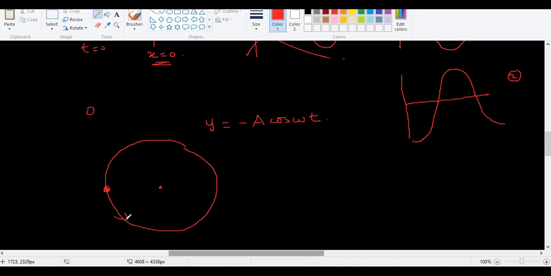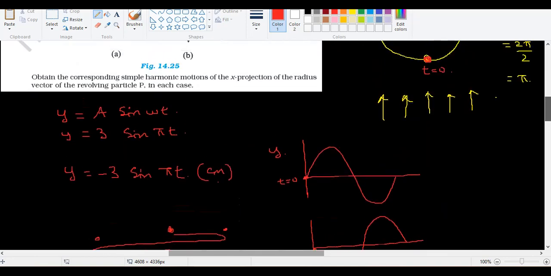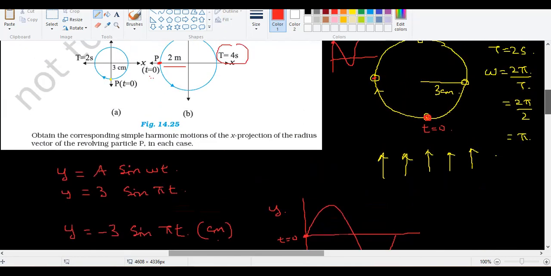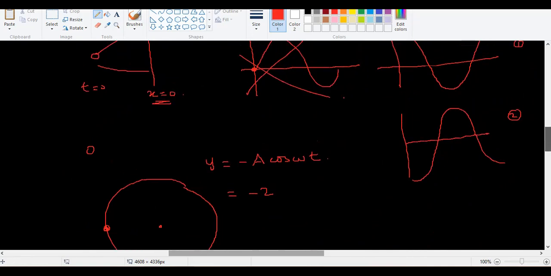It doesn't matter where it's moving. So the displacement is 2 meters, I think, right? The displacement was 3 centimeter or 2 meters? 2 meters means I should put the amplitude as 2 meters. Minus 2 cos omega t.